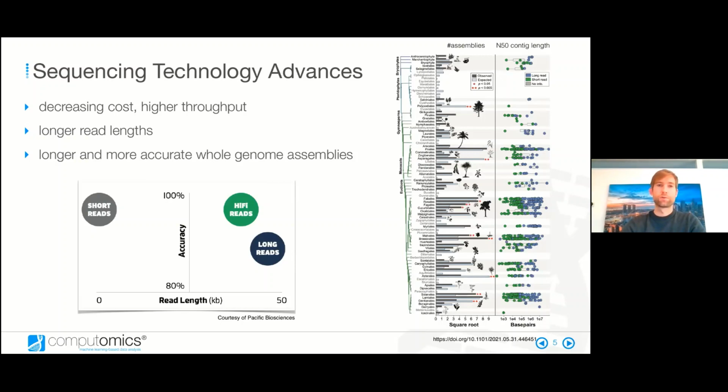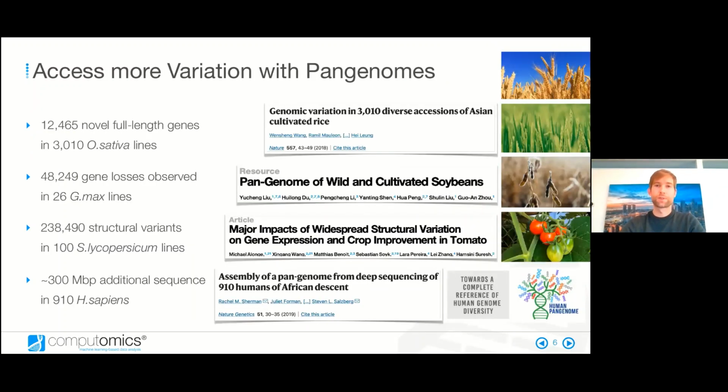And so what do we do with these whole genome assemblies, and what are the benefits of pangenome studies? In these recent studies, you see that, for example, in 3,000 rice lines, they could identify more than 10,000 novel full-length genes that were not represented in the single reference genome.